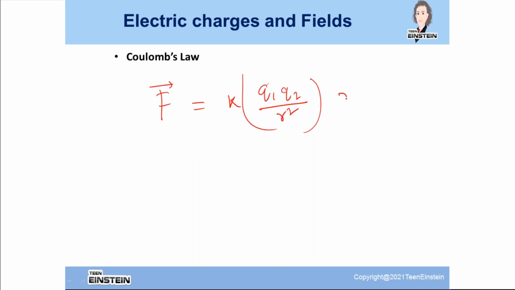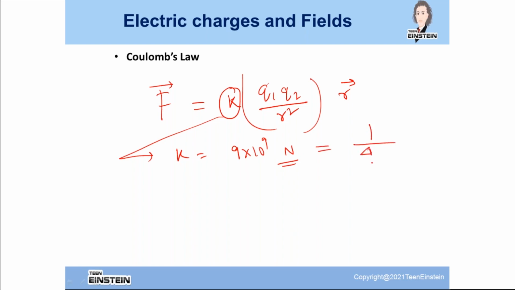Now this is a proportionality constant, and this proportionality constant was found to have the value 9 into 10 to the power 9 Newton. It has the unit of force, and it can be expressed in terms of 1 by 4 pi epsilon naught, and this epsilon naught is called free space permittivity.